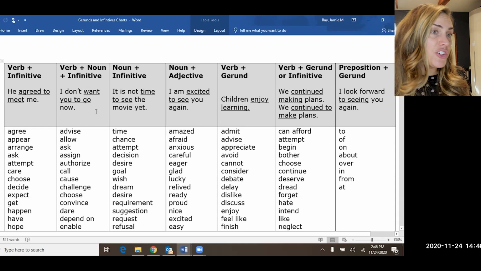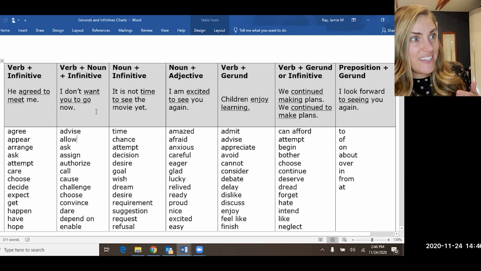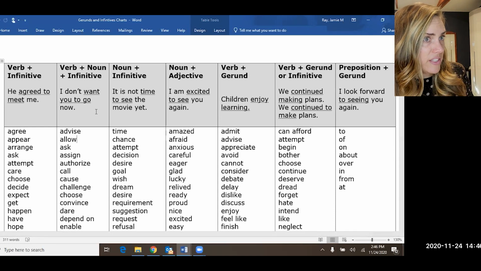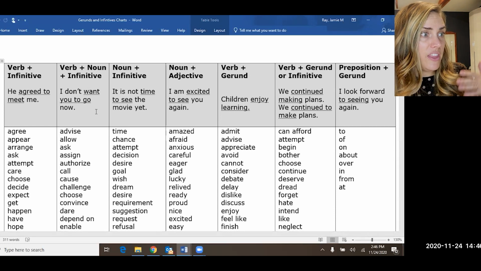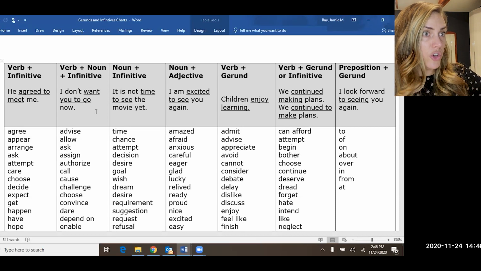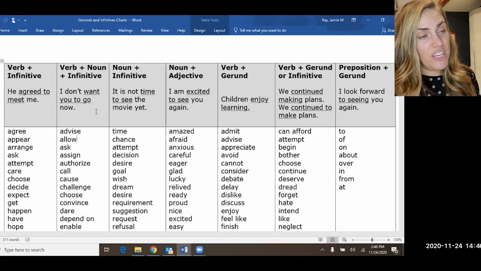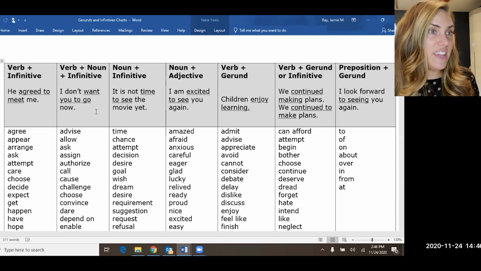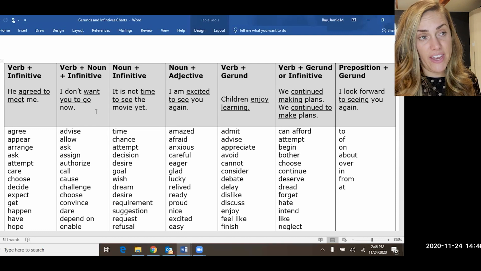So if you're not sure if you can use an infinitive after want, and you're talking about wanting someone else to do something or know something, then you need to know these are the verbs that you use plus the noun or a pronoun and then an infinitive.